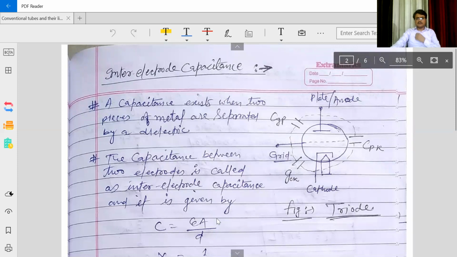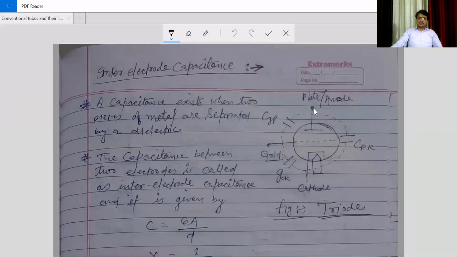The first one is the inter-electrode capacitance. Here it is a triode, as we have seen in the previous slides: there is an anode, the plate, there is a cathode, there is a heater, an element that will emit the electrons, and a grid where we can apply the controlling voltage.